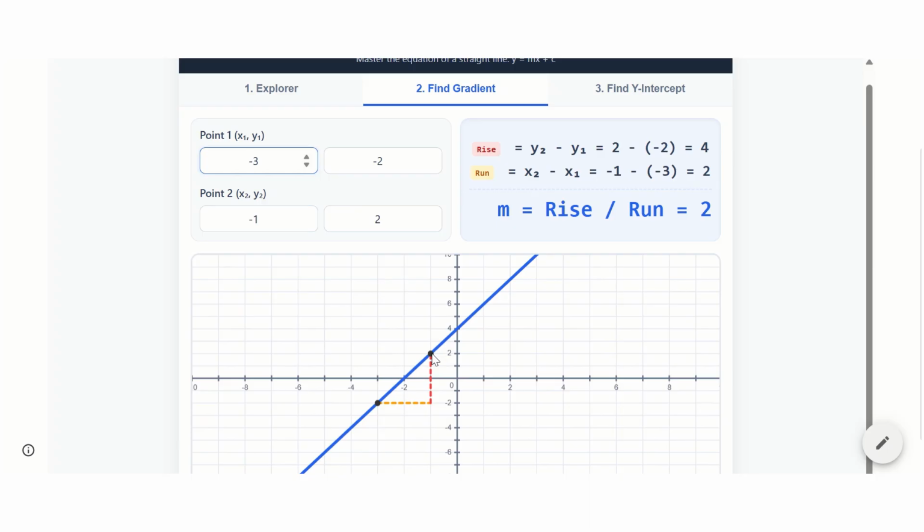So the rise is the difference in the value of these two y coordinates. One is -2, and the point that's higher has a y coordinate of 2, right? So it's 2 minus -2, which gives you 4 units.